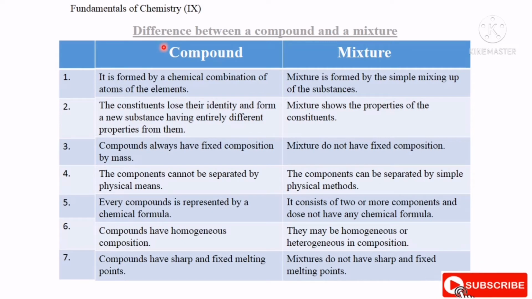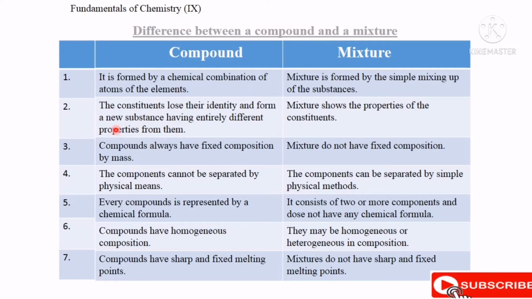Difference between a compound and a mixture. There are a lot of differences between compounds and mixtures. Now see the differences. A compound is formed by a chemical combination of atoms of the elements, whereas a mixture is formed by simple physical mixing up of substances.